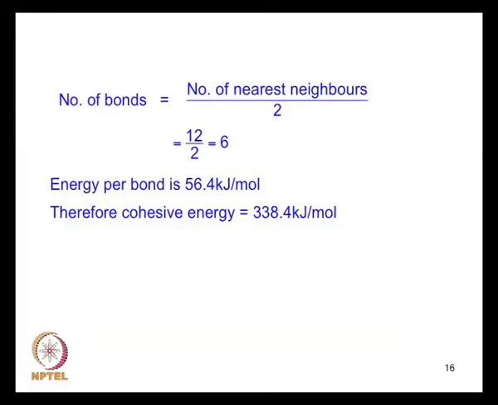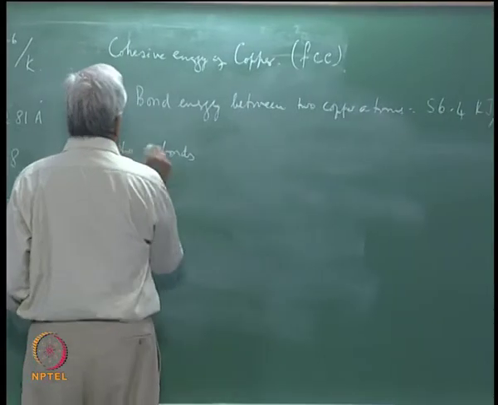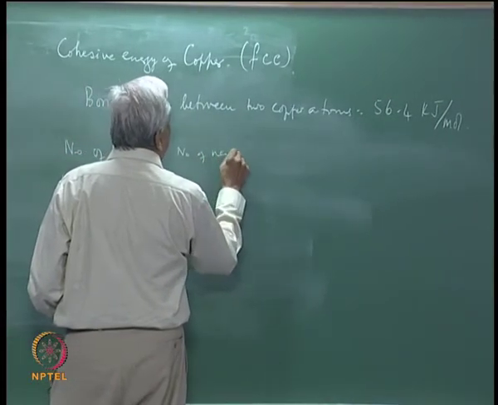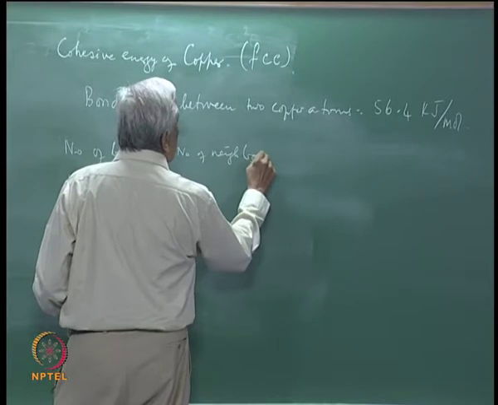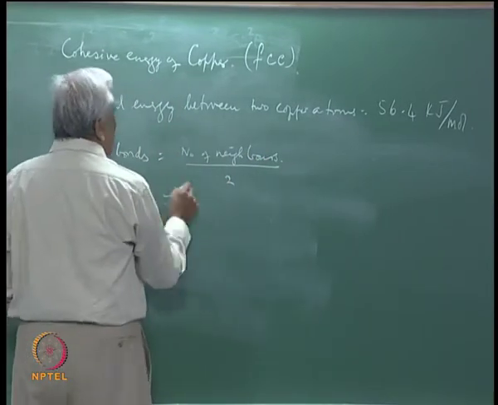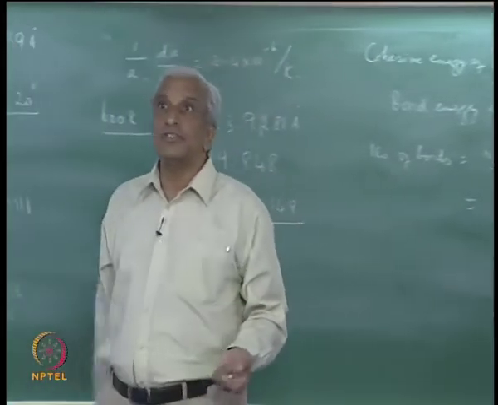And how do we calculate this? We have to remember that it is a face centered cubic structure. So, we have number of bonds is number of near neighbors divided by 2. The number of neighbors in an FCC structure is 12.